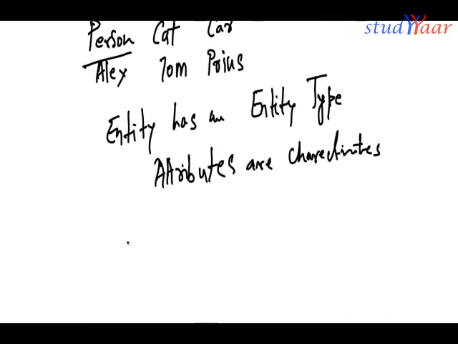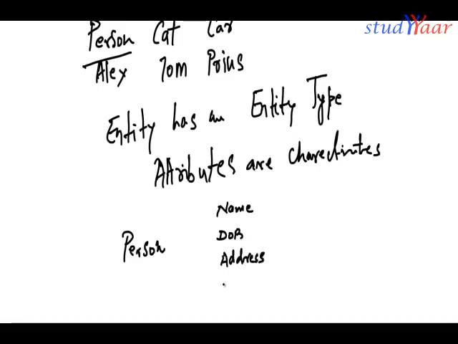So let's say we're talking about a person entity. A person would have some characteristics, right? He would have a name, a date of birth, an address.